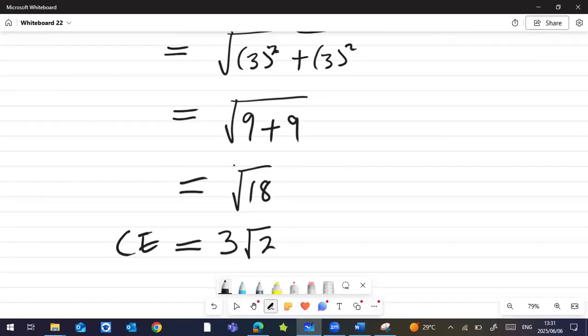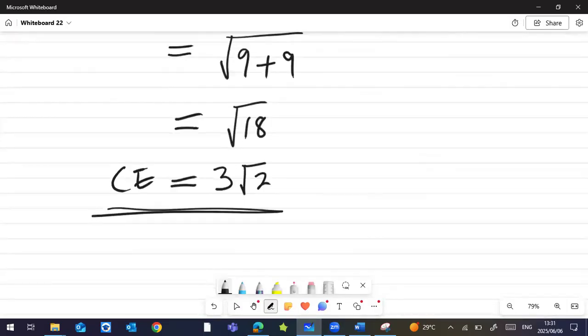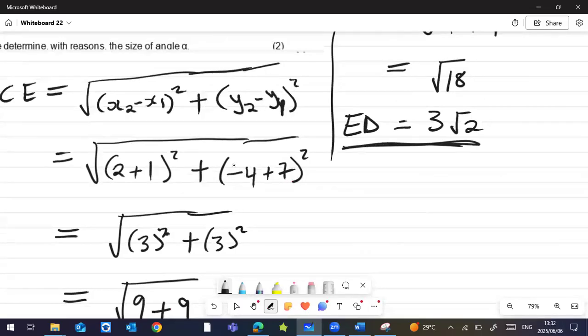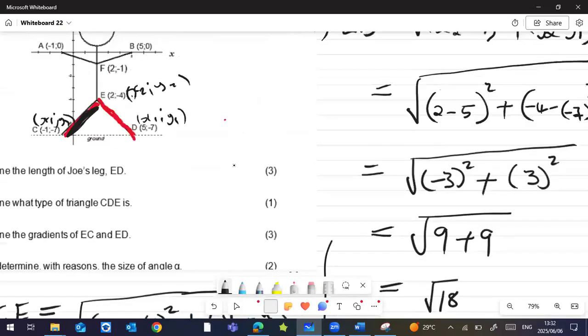Now what we have discovered is that CE is 3 square root 2, and we also found ED to be 3 square root 2. So CE is equal to ED. Possibilities are the third side can also be equal, but in this case, you can clearly see the third side, which is CD, is horizontal.